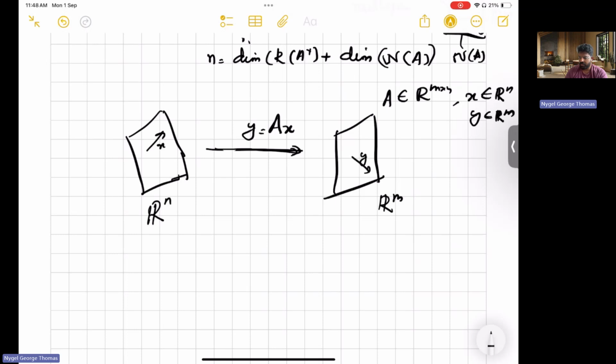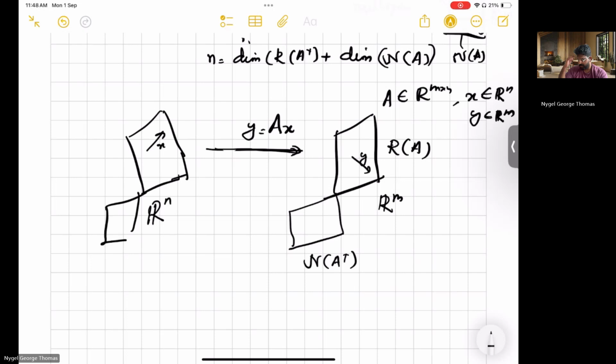But we also know these are not the entire set of vectors. We have a complementary subspace here. For Rm, what is this complementary subspace called? This is the range space of A. And what is this called? Null space of A transpose. And this is the null space of A, and this is R of A transpose.